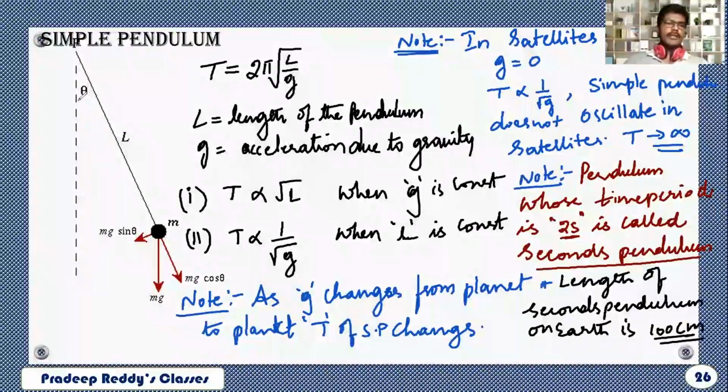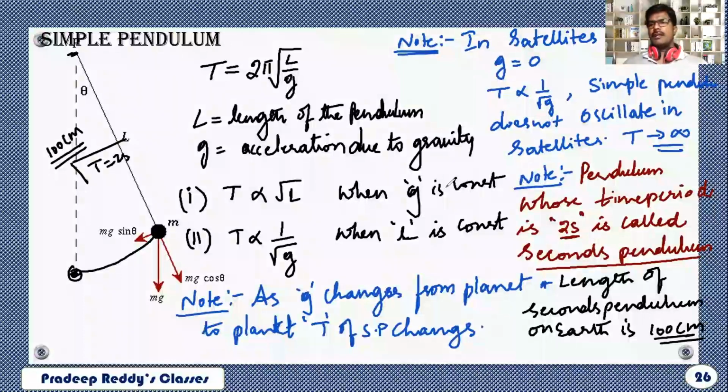That means if you are taking length of the pendulum as 100 centimeter, the time period which it takes will be equal to 2 seconds. Therefore, length of the seconds pendulum on planet Earth is 100 centimeter. That is called seconds pendulum.